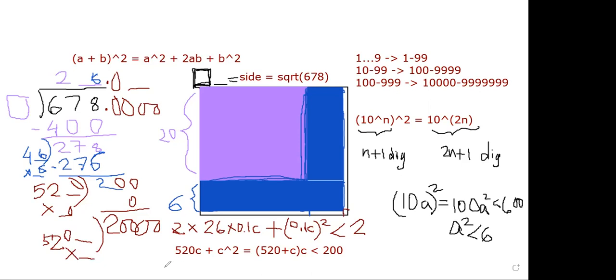So this is now equivalent to finding 520,000, 5,200 plus D times D equal to 20,000, right? Now D equal to 4 will be too much. Sorry, it should be D, not C.